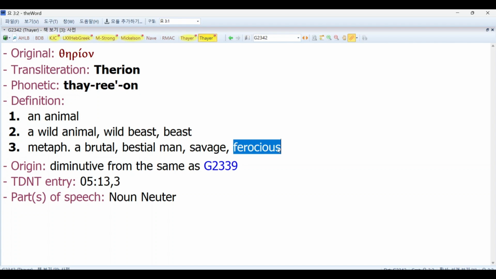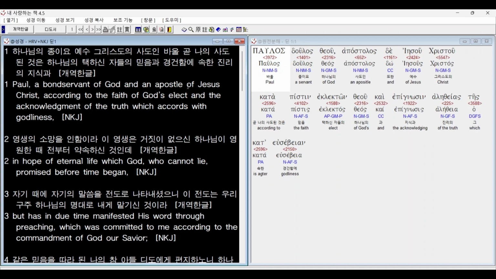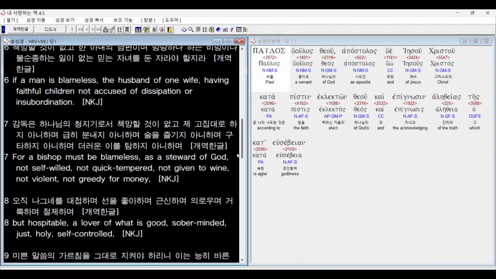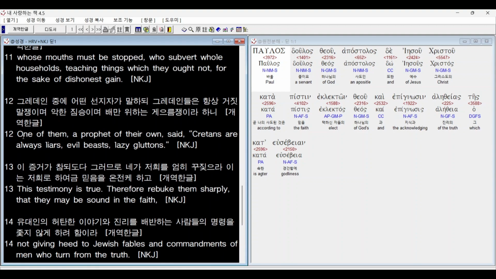Obviously, this beast is also the goal of living of the earth. When we go to Titus, New Testament Bible, chapter 1, verse 12, is talking about one of them, a prophet of their own, said, Cretans.